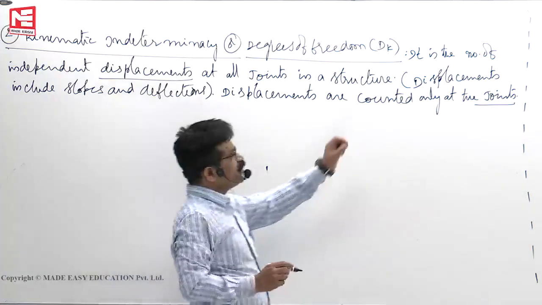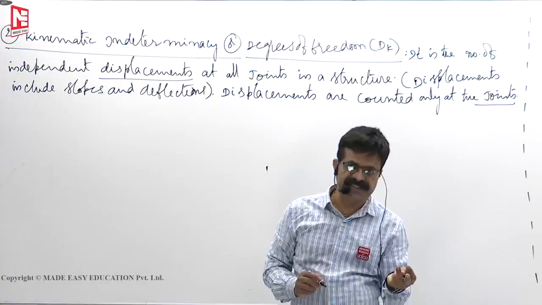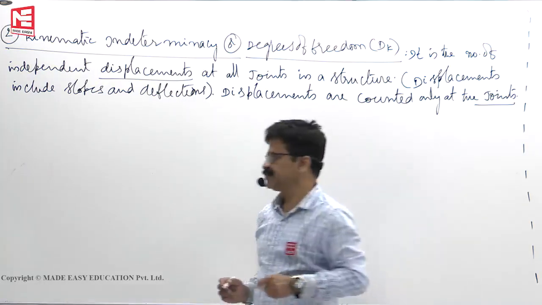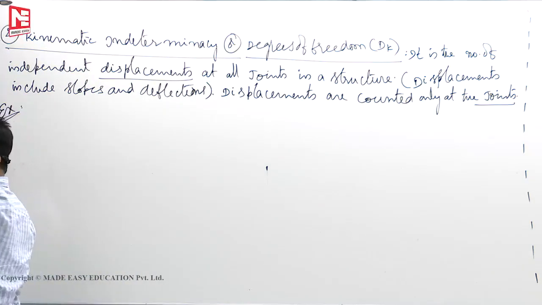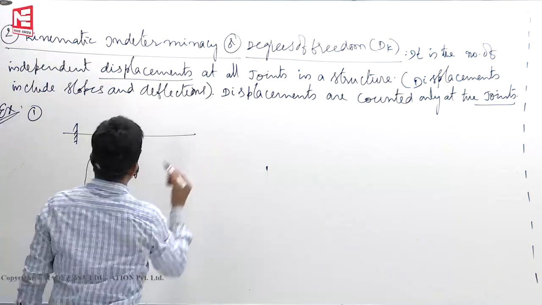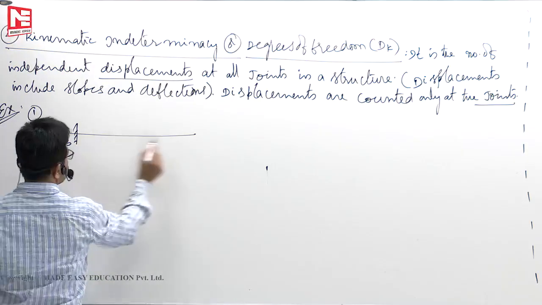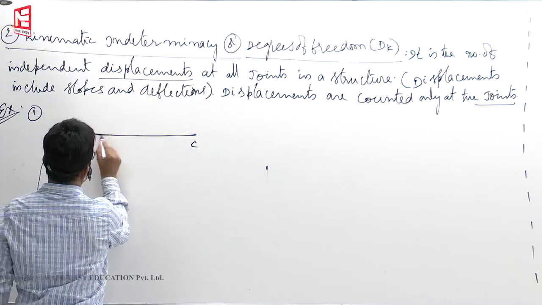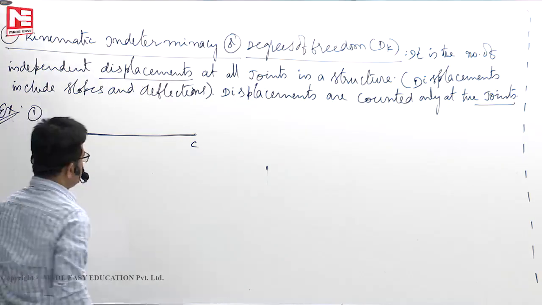Then we must know what a joint means. Joint means wherever the configuration changes, material changes, or cross section changes, we call it a joint. Example, suppose you have a cantilever beam, with points, let us say, B and C. How many joints are there?